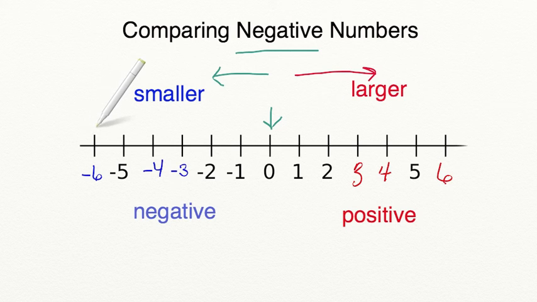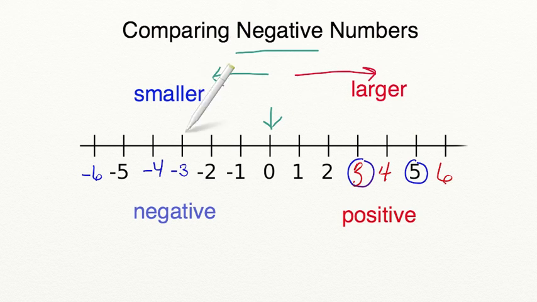Now notice that the further we get away from 0, the larger the number is going to get if we're moving positive, or the smaller the number is going to get if we're moving negative. For example, on our positive side, the number 5 is larger than the number 3 because it's further away from 0.